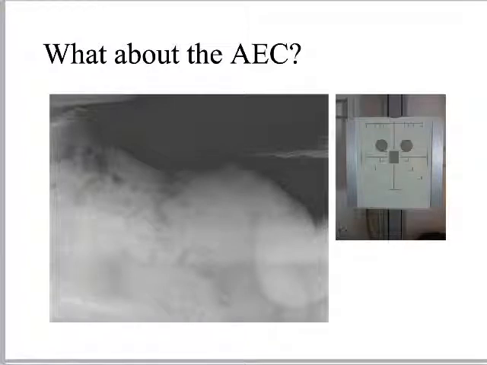The other thing to do is, if you take an image using the AEC and it appears underexposed, it could very well be that it did not receive sufficient signal. It cut off too soon, right? Image mottle would result from that. So it thought it had enough ionization. It didn't.